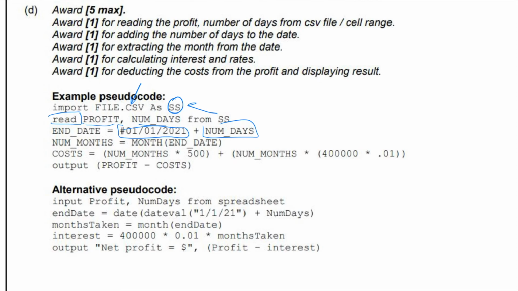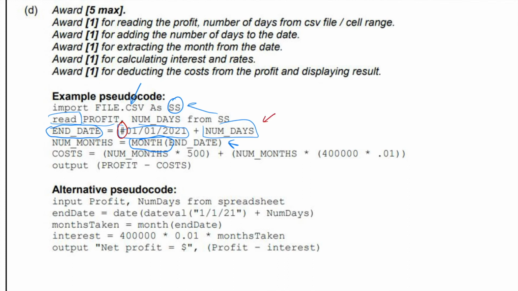So next we're going to do num months, and this is going to be month of end date. So this month function is basically going to take the end date from the beginning of the year until this end date right here, and it's going to give us a number of months. What's important to consider is that right here we have this hashtag, and it's actually done a different way in this other example. But we have a hashtag that makes that a date, and we add a number of days.